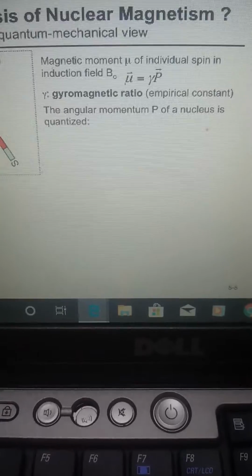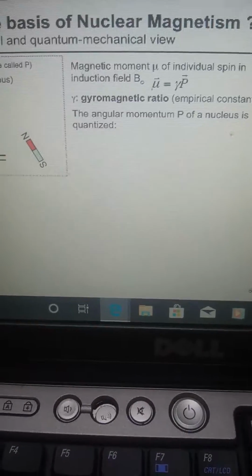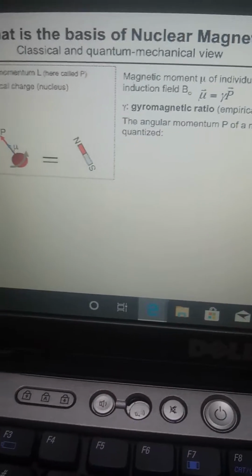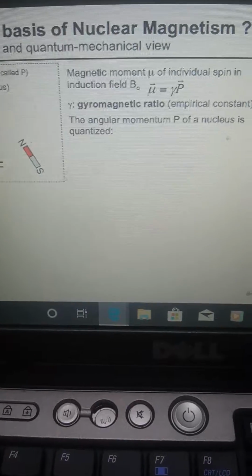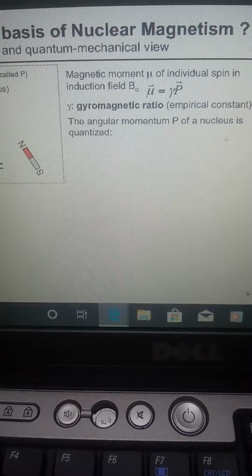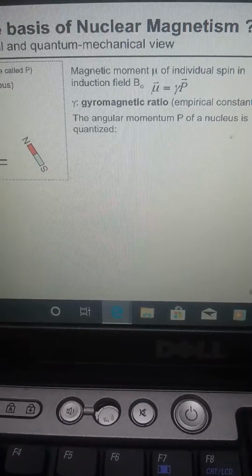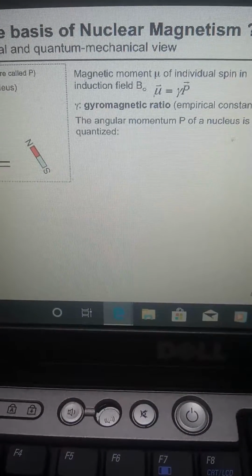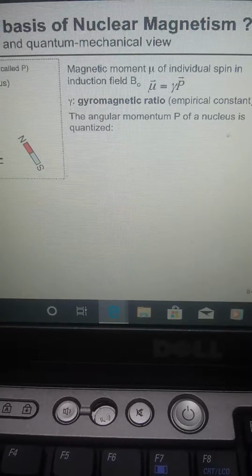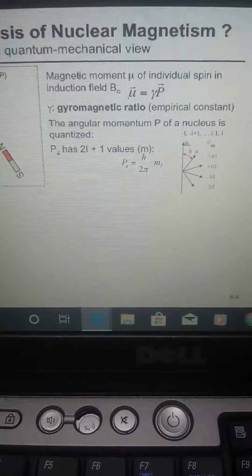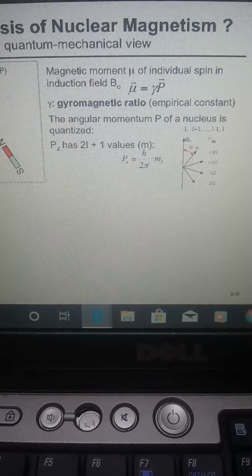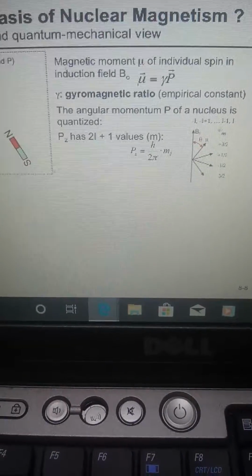Now, what we know from quantum mechanics is that the angular momentum of a nucleus is quantized. So for the z component of the angular momentum, it has 2I plus 1 values, and they take on the values m_I.